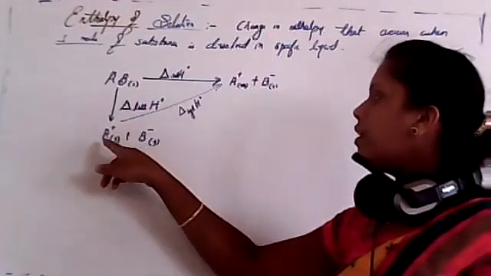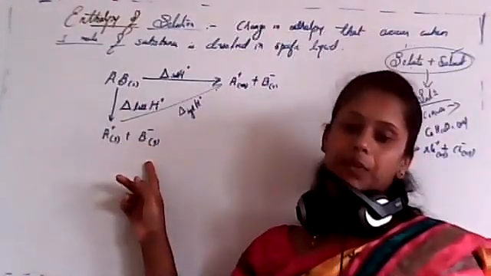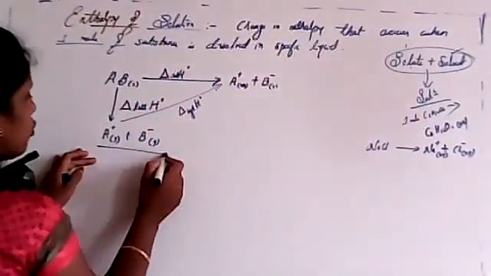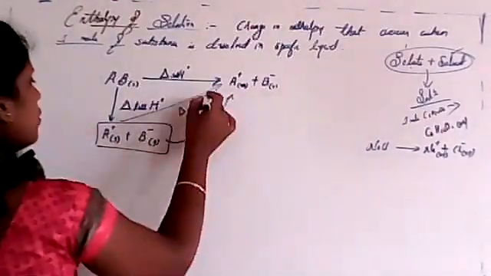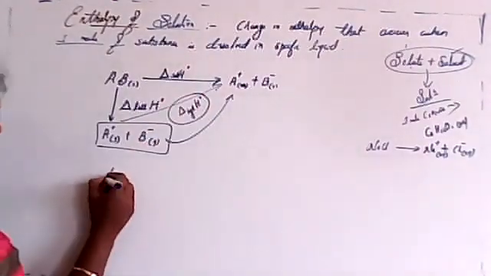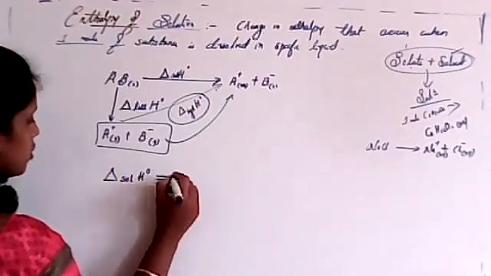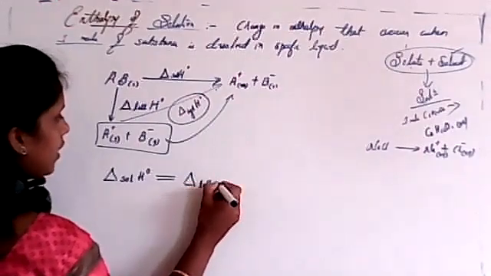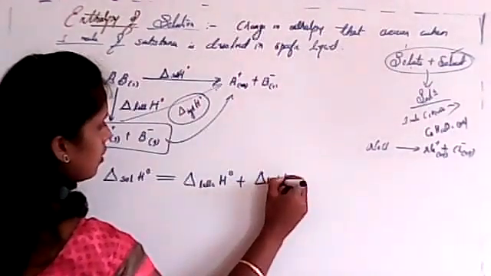Second one, AB is directly converted into gaseous ions, that is known as lattice enthalpy or lattice energy. And then these gaseous ions were converted into aqueous ions, so that is known as delta hydration. So that means enthalpy of solution is equal to lattice enthalpy plus hydration enthalpy.